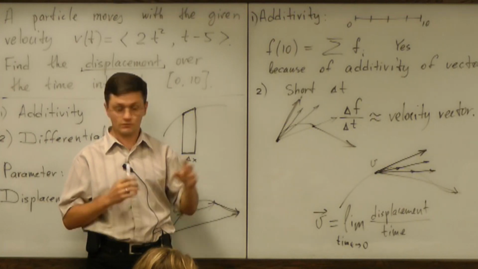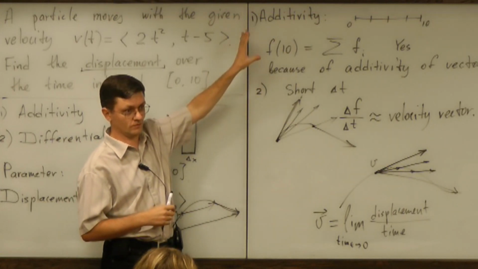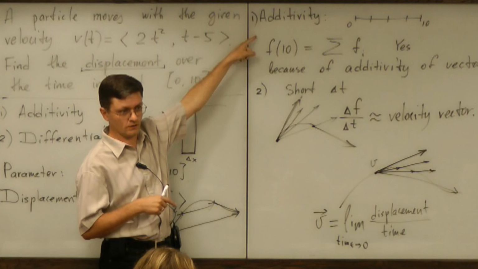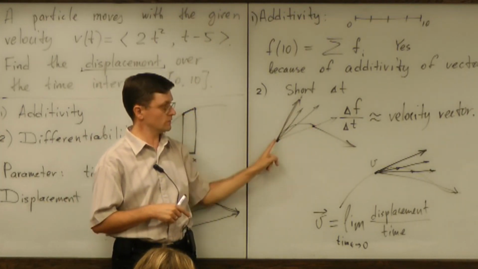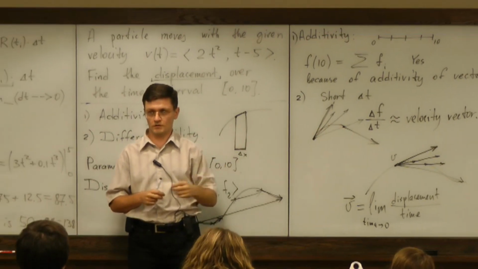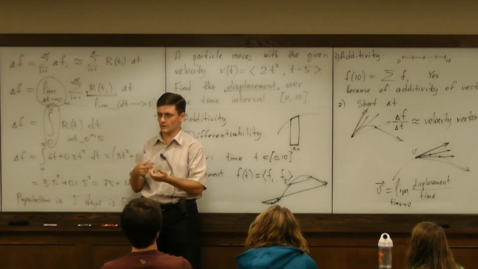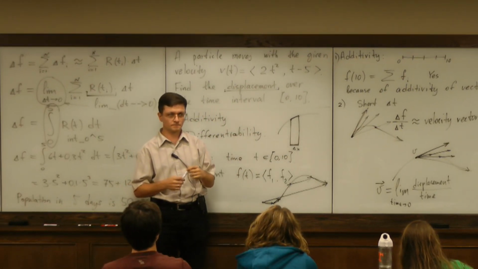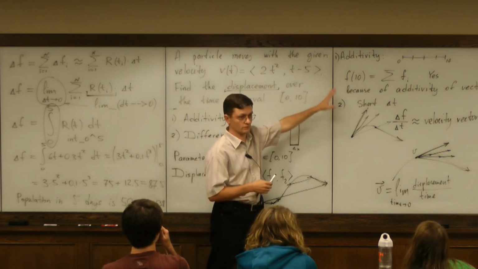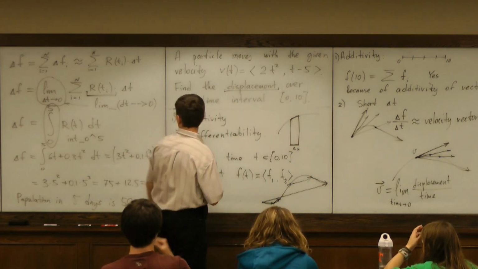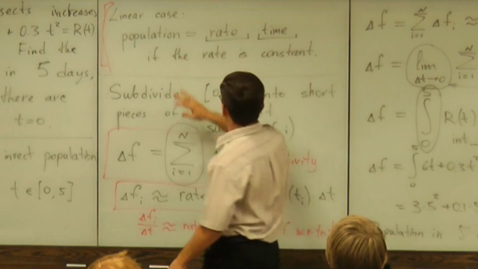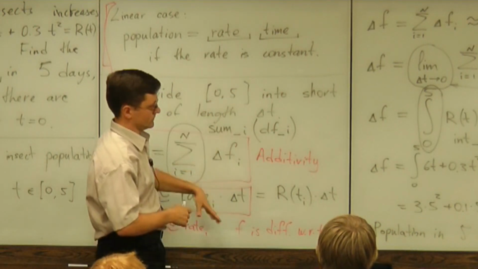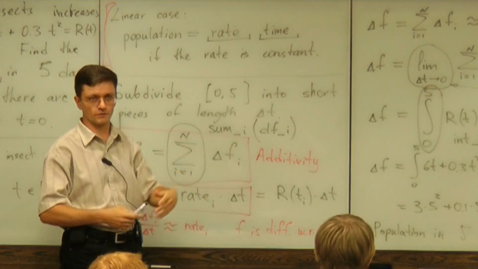You really have to understand why in your problem additivity happens, and why differentiability happens, and what it means for the application you're working with. And once you check that you have both, then you go through these steps, describe what the linear case is, and step by step come to the integral, and then you integrate.